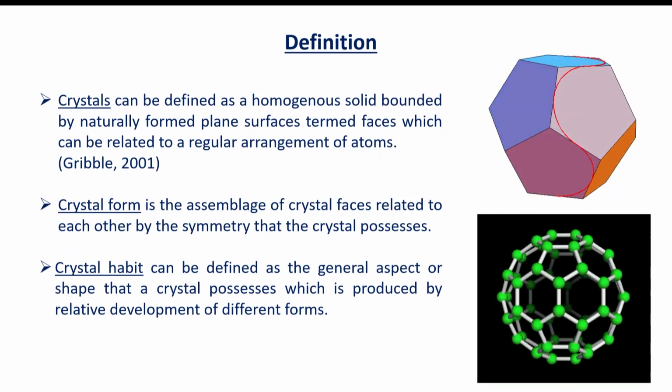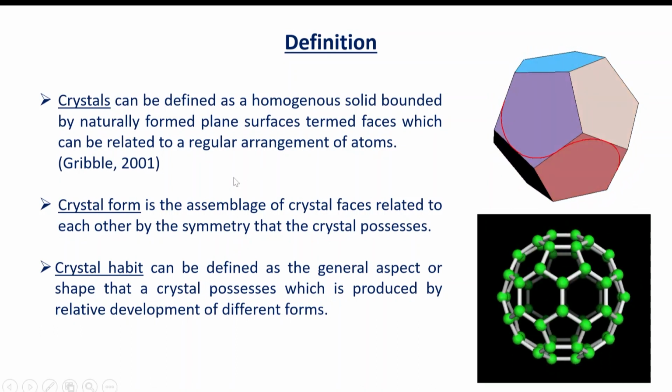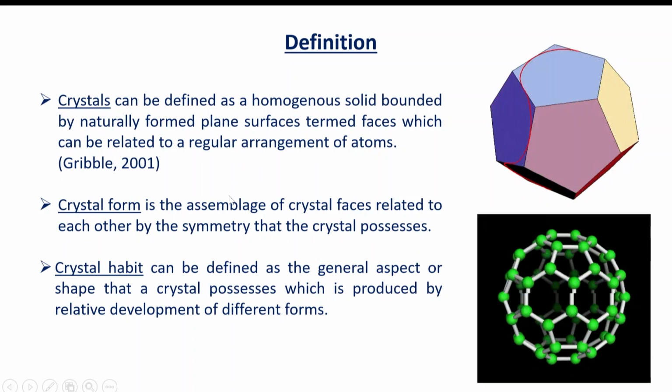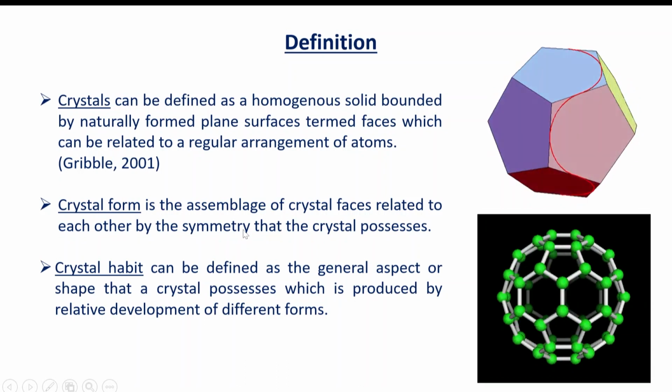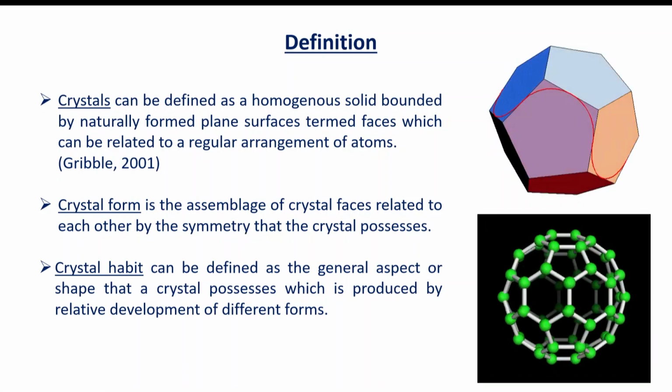Then there is another terminology, that is crystal habit, and that can be defined as the general aspect or shape that a crystal possesses, which is produced by relative development of different forms. So now if I just take an example of a crystal model like this, these are the faces that are bounding the crystal itself.